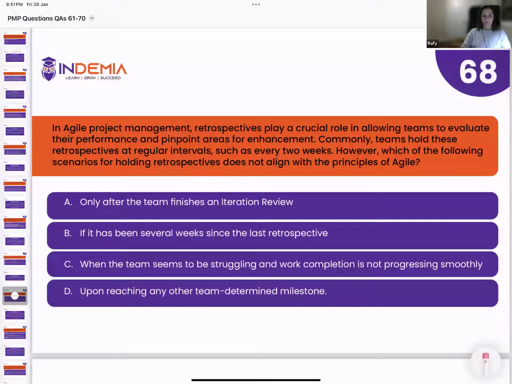So option C says when people are struggling. So that's when there's a problem. Yes, we could have a meeting when there's a problem, when people are struggling and we're not progressing smoothly, but it would not be called a retrospective meeting.